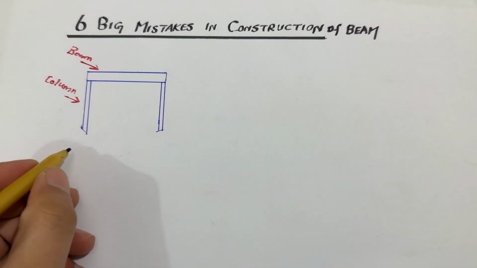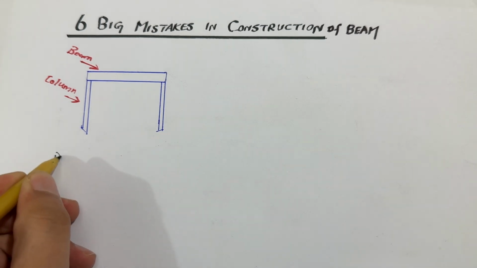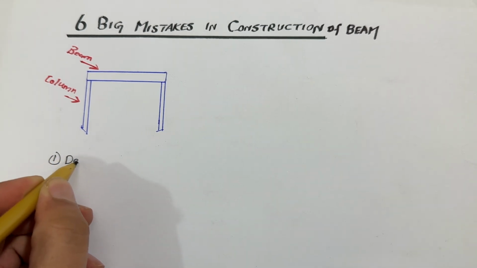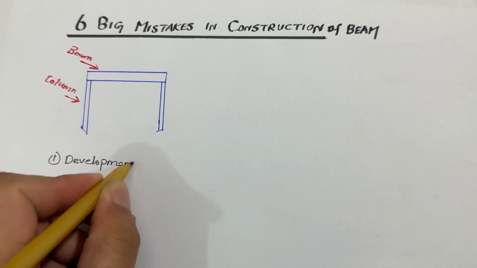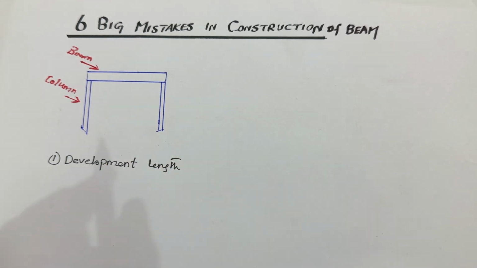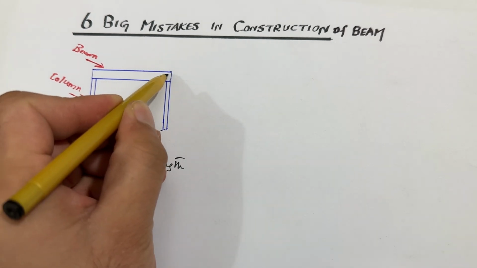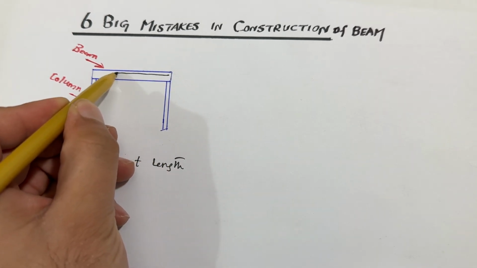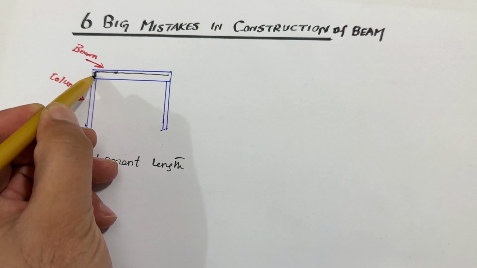The first one is for the development length. What is development length? You can see here this is a beam and these are two supports. This is RCC in a beam. These are steel reinforcement, so the top bars should be bent to the downward side.